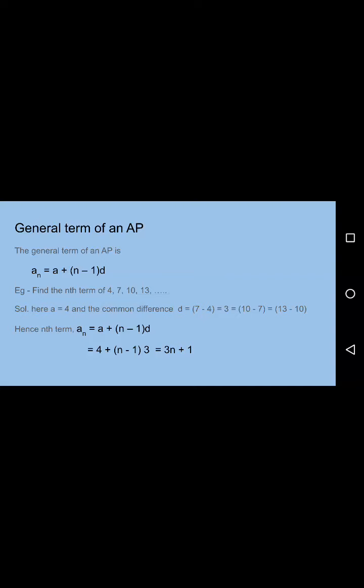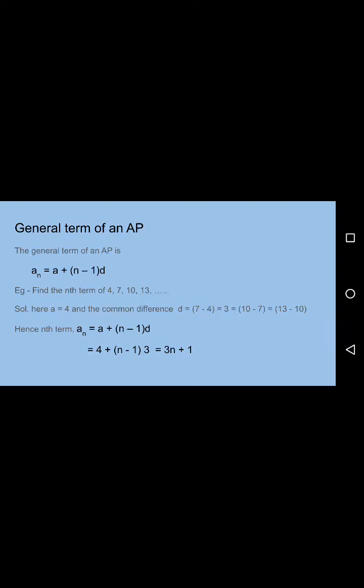Suppose the AP is 4, 7, 10, 13 and so on. Here the first term is 4, so a equals 4, and the common difference d is 7 minus 4, which is 3. It could be 10 minus 7 also, or 13 minus 10, we get the same answer, 3.